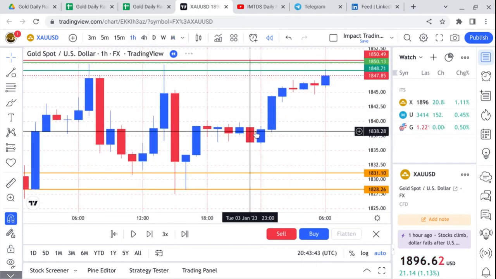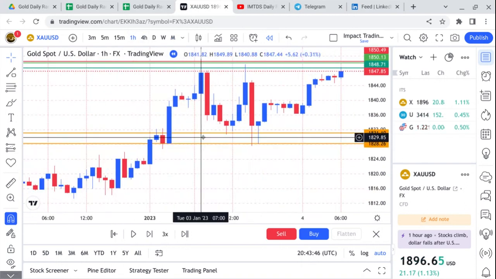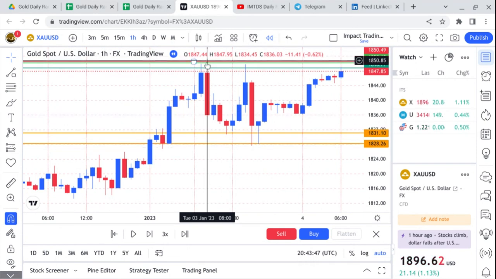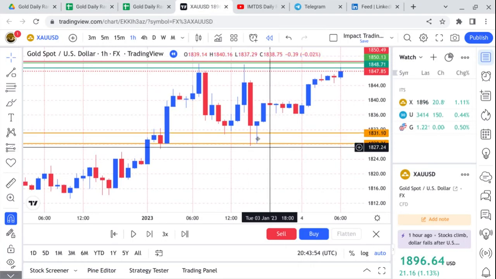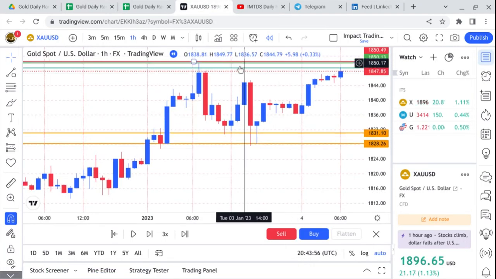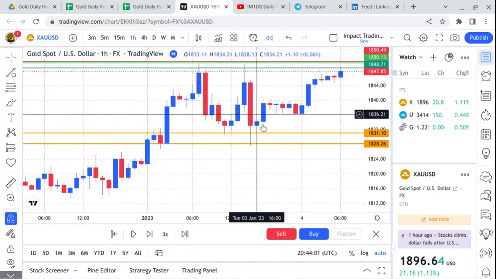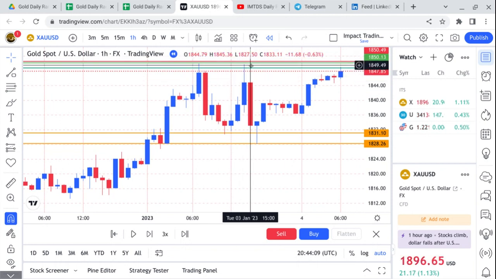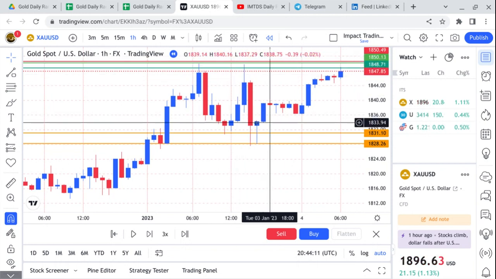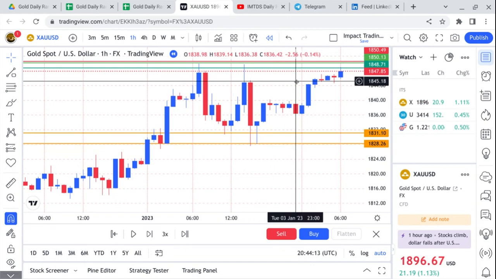So when we see the daily average approaching the extremes of the extremes in the data, then we can place a trade with a high degree of predictability where there are orders in the market. Now again, the market only moves because of why? Buy orders and sell orders. When there are more sellers in the market, the price will go down. When there are more buyers in the market, the price will go up.